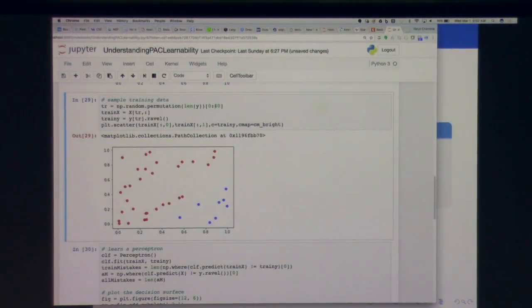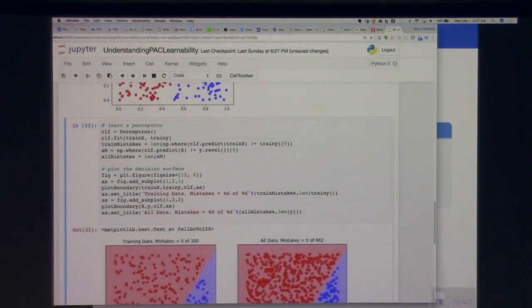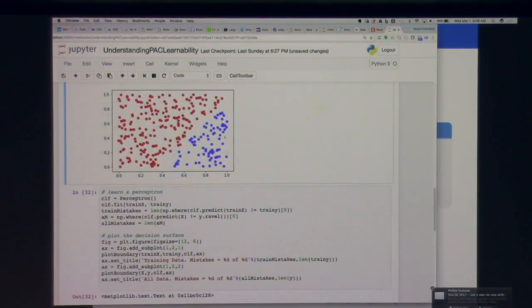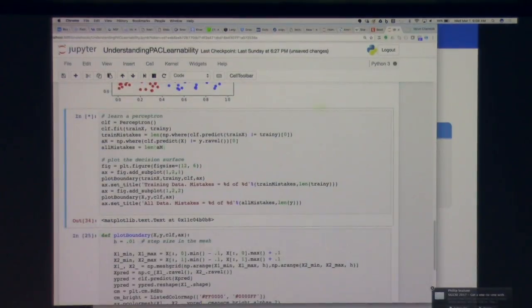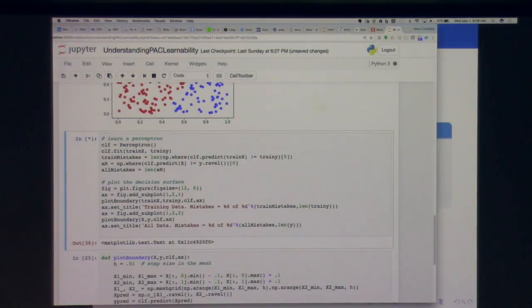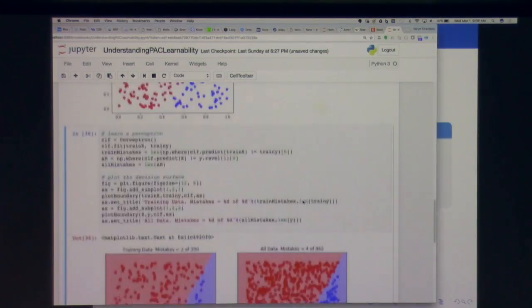So for example, if I had taken more data here, if I had taken 300 data points, what you will see is that you will make fewer mistakes. So every time I change my data, but I keep my m the same, you'll make, well, actually this is maybe too good. All right, so this time it made 4, right?